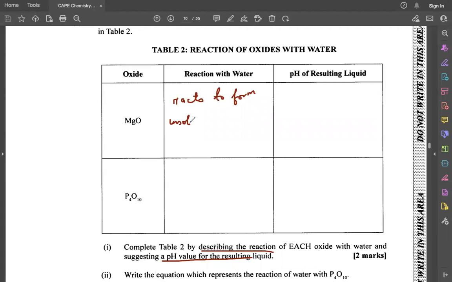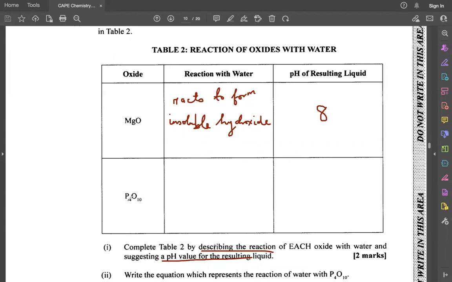An insoluble hydroxide is what we're gonna get there, right? And of course, if we get an insoluble hydroxide or any hydroxide for that matter, that means that we're gonna have a pH of around 8, right? So not a super strong hydroxide there, but just a little bit slightly above neutral. So we'll have a pH of 8 for that resulting liquid.